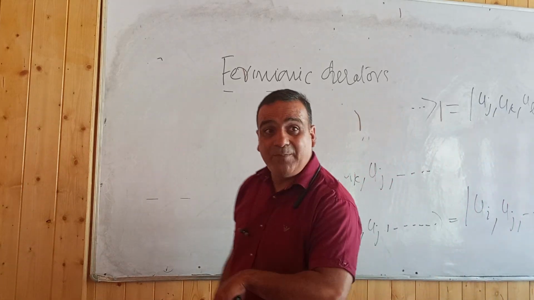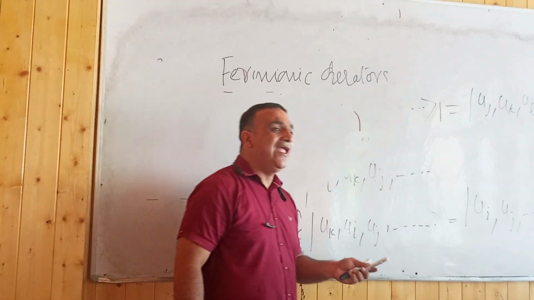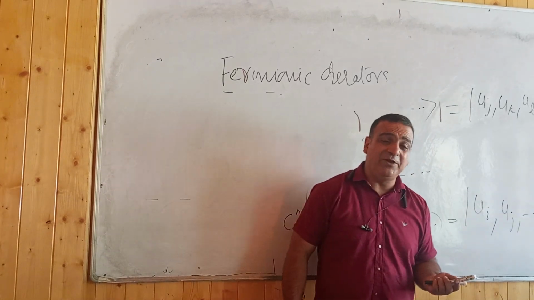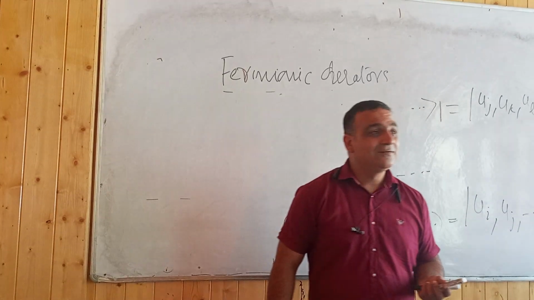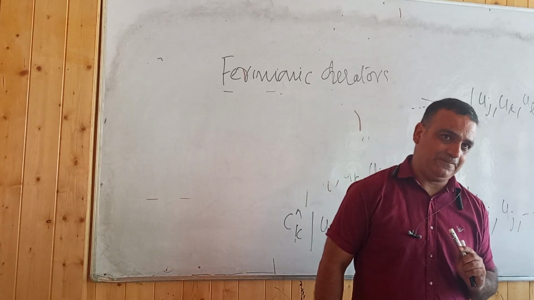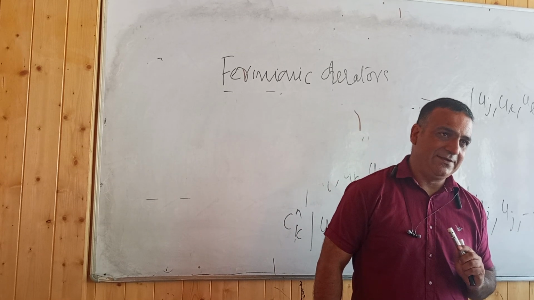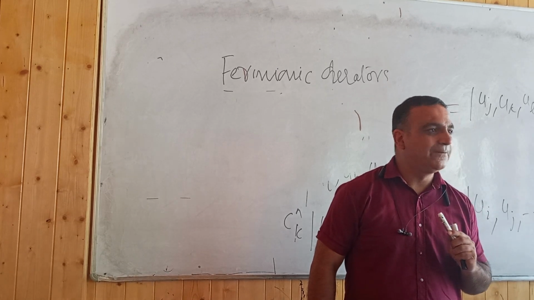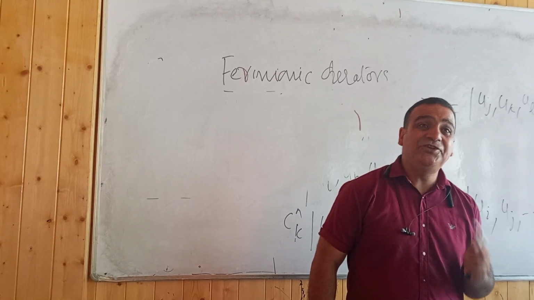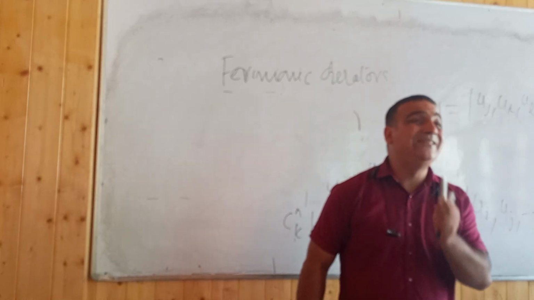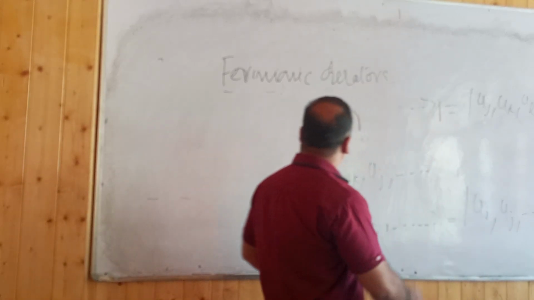And when we talk about the fermions, they have anti-commutation relations. Now, why do they have anti-commutation relations? Because of those two fundamental postulates that I talked about: Pauli's exclusion principle and the vanishing of the quantum state if you have two particles in the same quantum state. Okay.